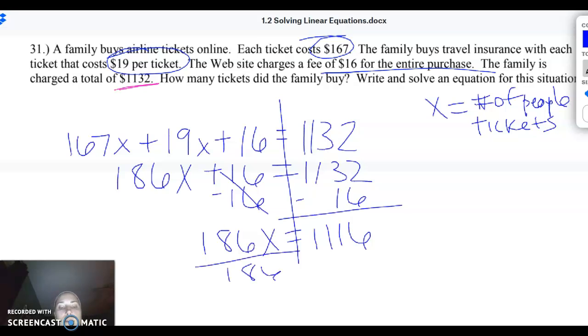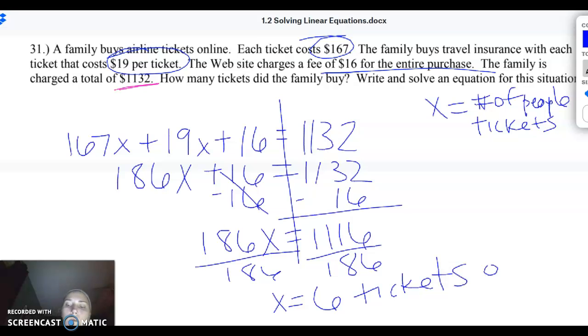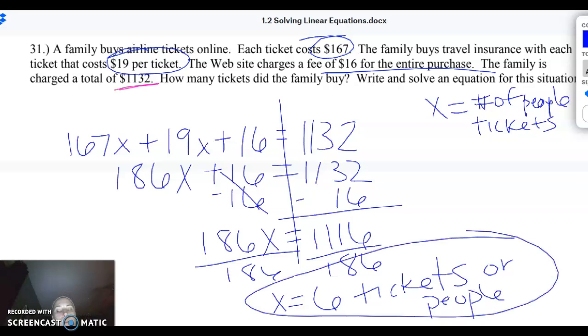Divide by 186, divide by 186, and x is equal to 6 tickets for people in the family that are going on this vacation. So our total is 6 there.